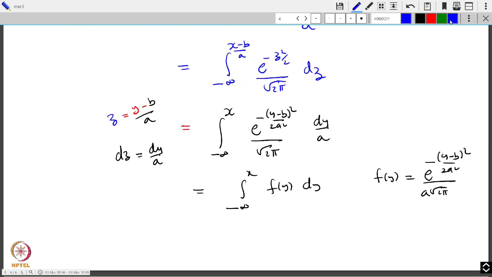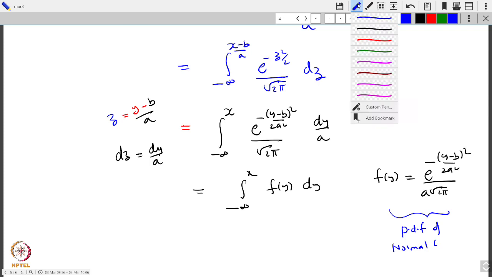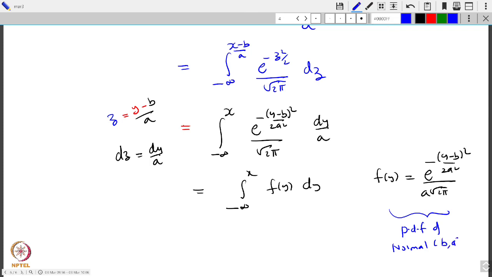But this we know is the PDF of a normal with mean b and variance a squared. Very good. So this is equal to this. Very nice. So that means this guy is the same as the probability of a normal random variable. Let me write it in words so it's clear.